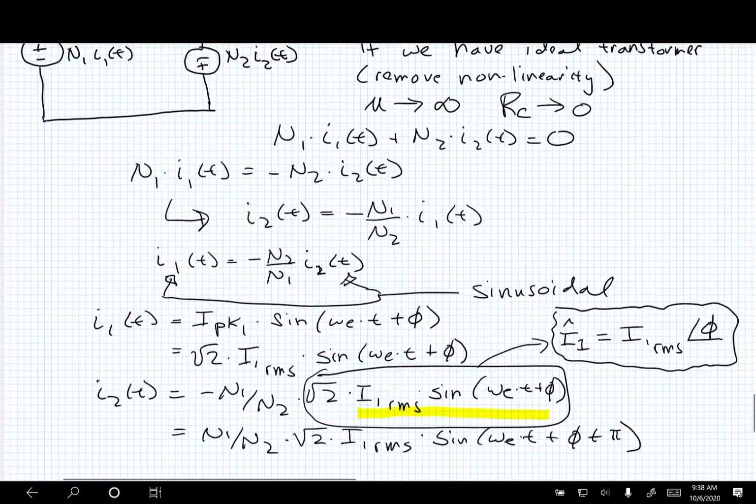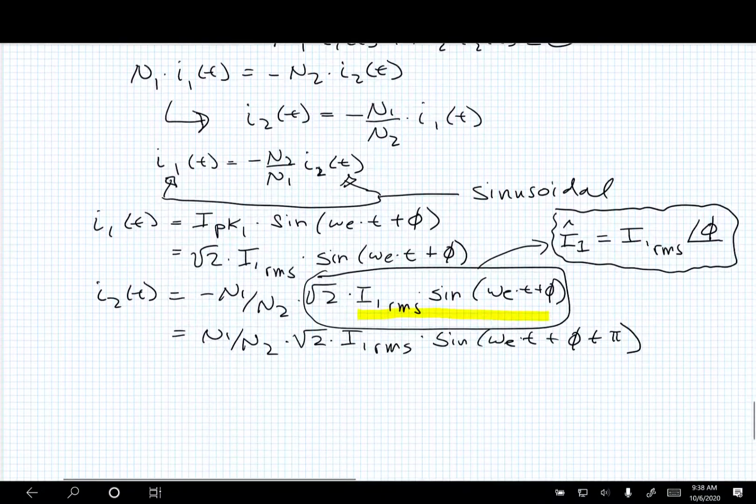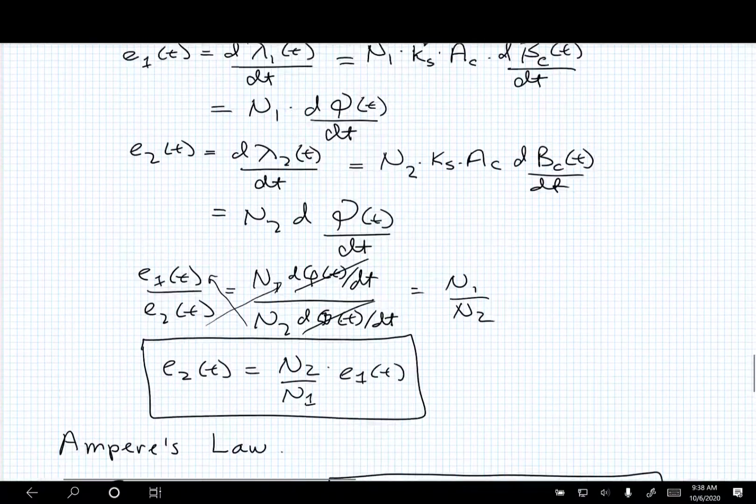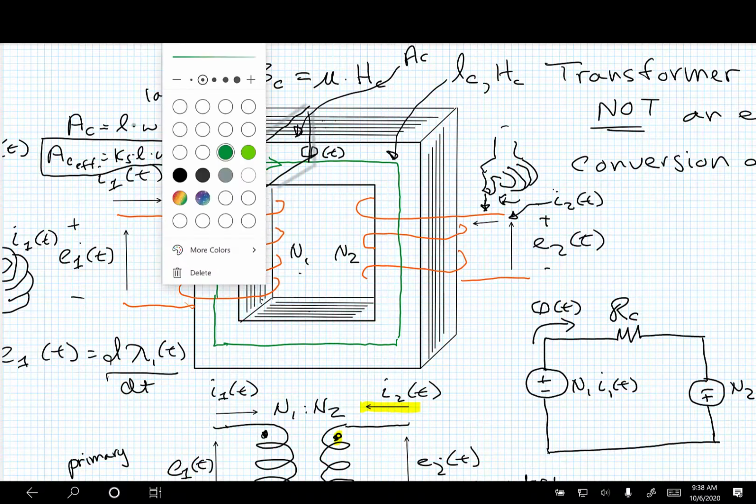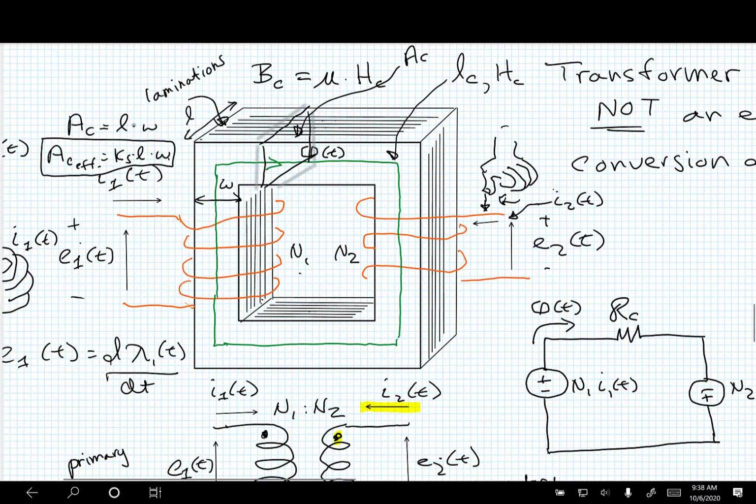Now, another way to think about this problem is, let's go back to this transformer here. If I'm inducing a flux into the core from the primary side, let's just say that this is the core flux due to the primary turns.